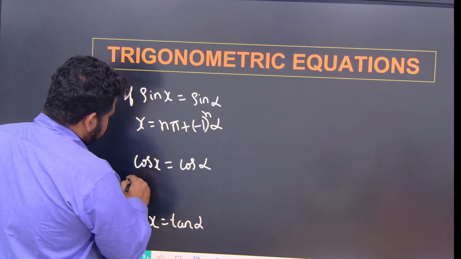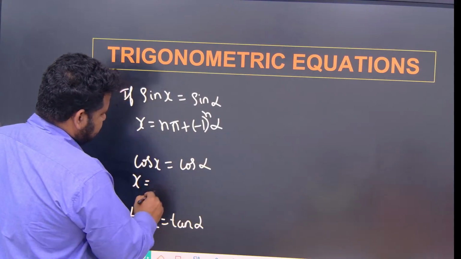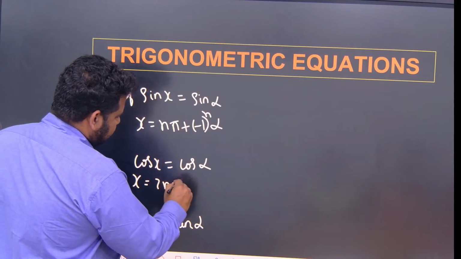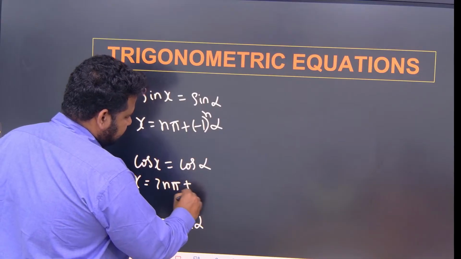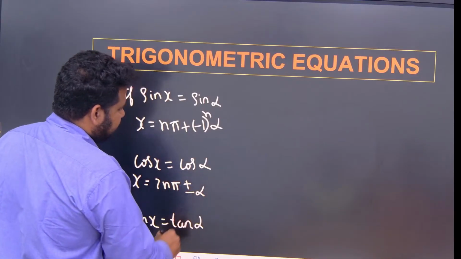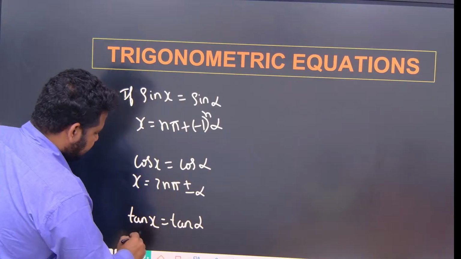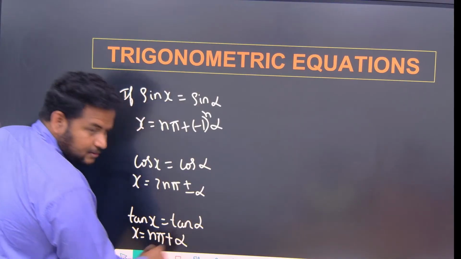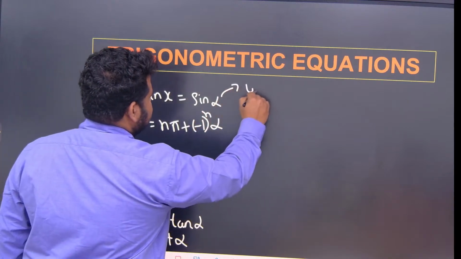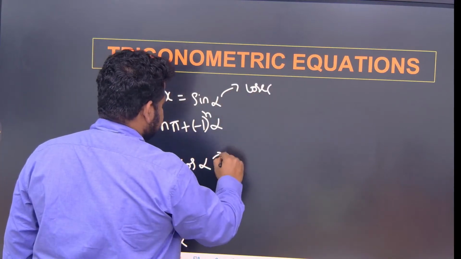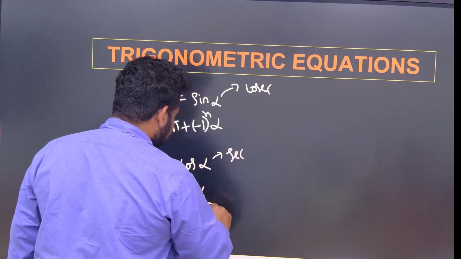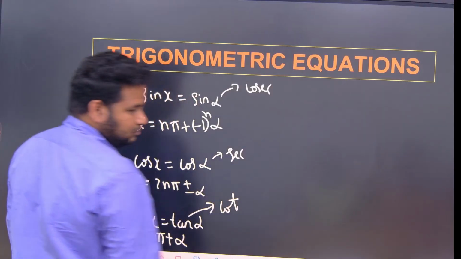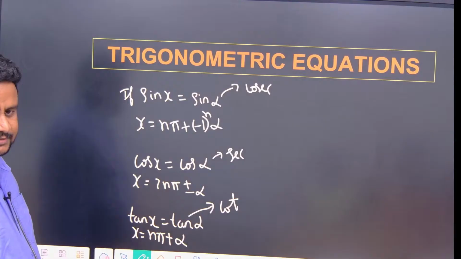If it is cos, this will become 2n pi plus or minus alpha. If it is tan, x is equal to n pi plus alpha. Same thing goes for cosec, secant, and cot.